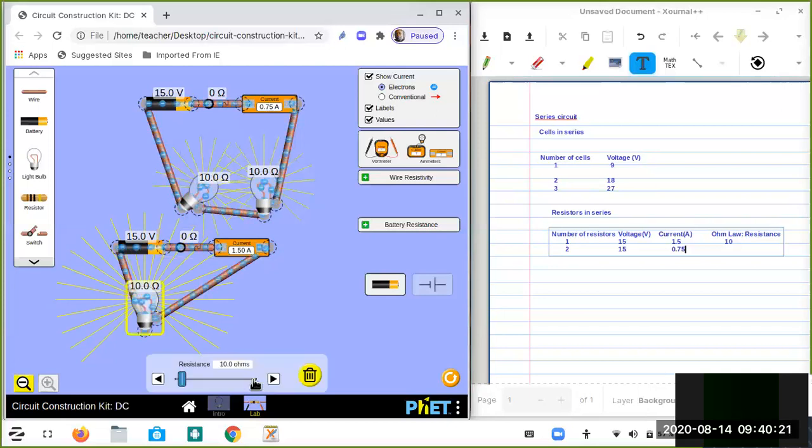If I decrease the resistance, what happens to the current? You can see there that the current is increasing when I decrease the resistance. Which means we have to increase it so that it gets to 0.75.